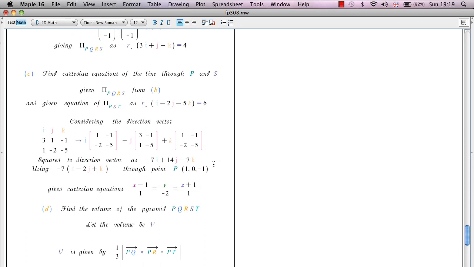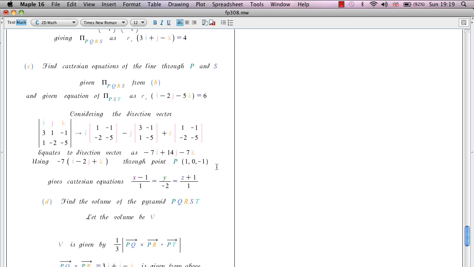And adjusting this direction vector to i minus 2j plus k, using the point P, we can write down Cartesian equations.